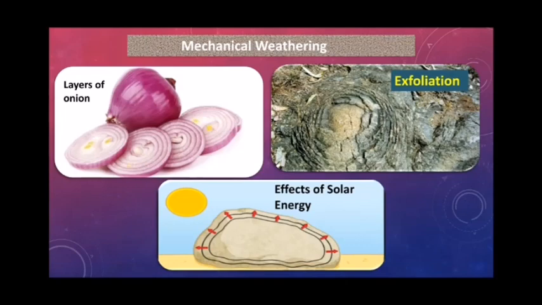The exposed part of the rock heats more, while the inner part is comparatively cooler. As a result, the outer layer of the rocks falls apart. That means it breaks down from the main rock. This process is called exfoliation of the rock.